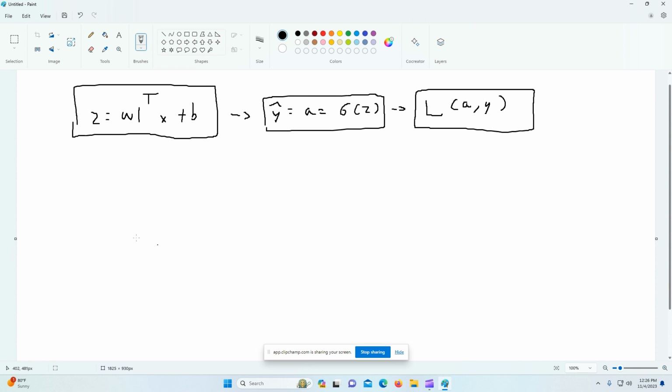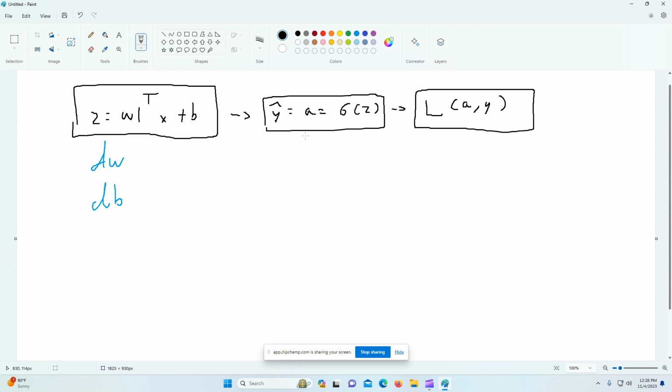Now, to do gradient descent, we need to get the derivative of w, obviously, and the derivative of b.